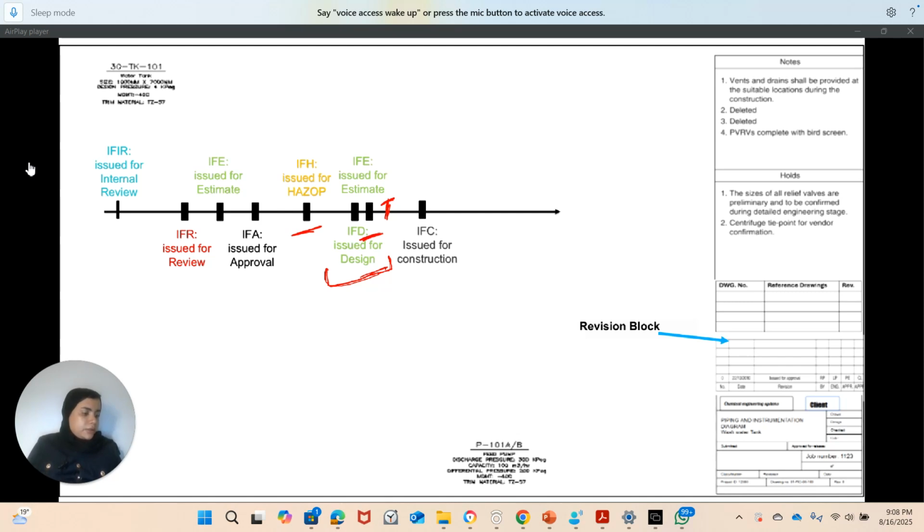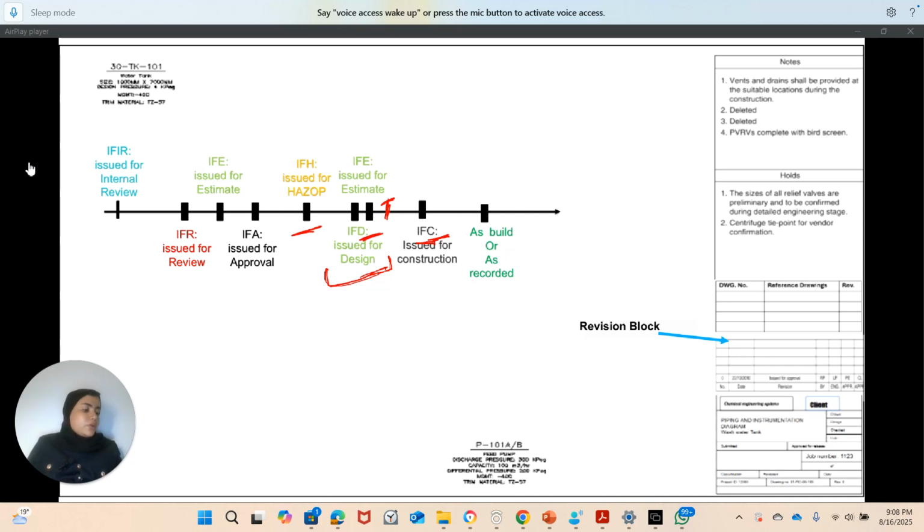Okay, so the last revision is the as-built. The as-built is issued once the chemical plant is constructed, because sometimes you have some construction constraints, and some elements are not built as mentioned in the P&ID, and the client will change certain elements.